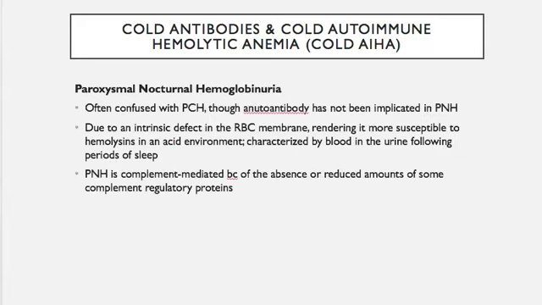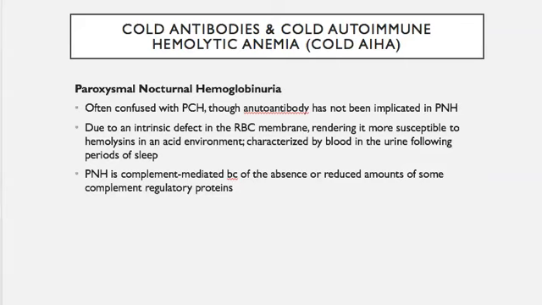Paroxysmal nocturnal hemoglobinuria. A lot of times this will be confused with paroxysmal cold hemoglobinuria, but an autoantibody has not been implicated in nocturnal hemoglobinuria. They think it's due to an intrinsic defect in the red cell membrane, which renders it more susceptible to hemolysis in an acidic environment.